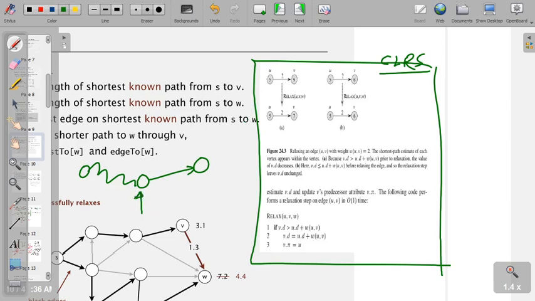Suppose I have got the shortest path from this source node to this node u, that we are denoting by u dot d, the shortest distance from the source node to u. That is the CLRS notation.